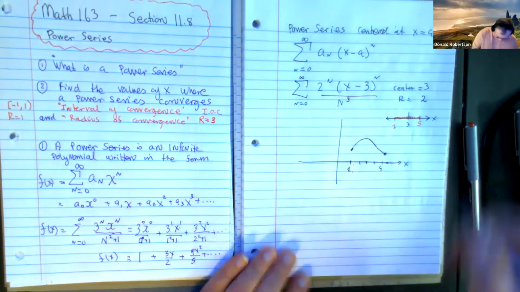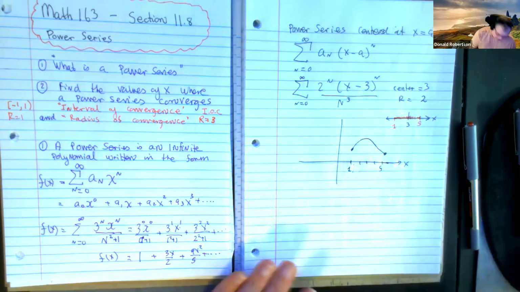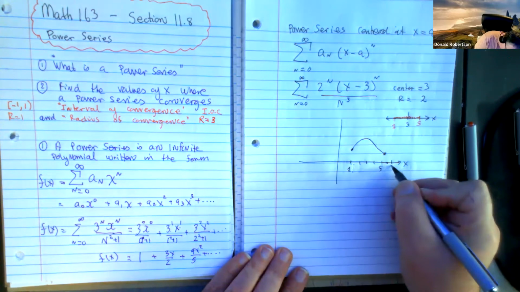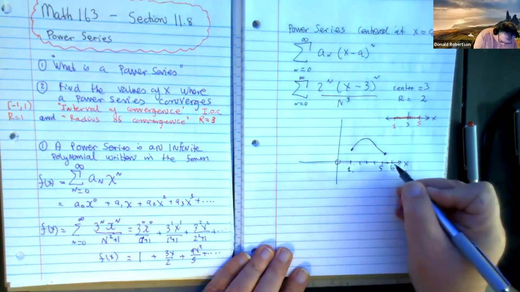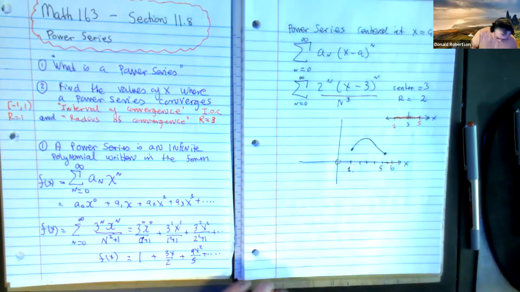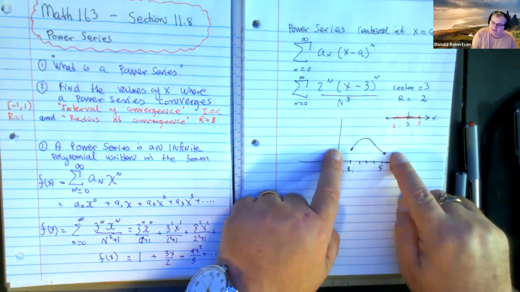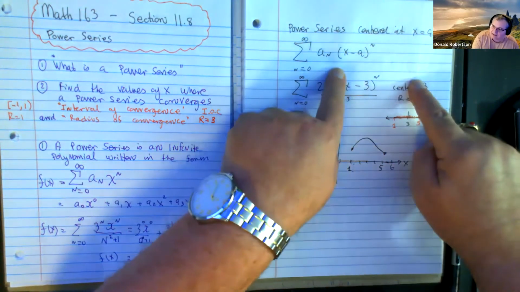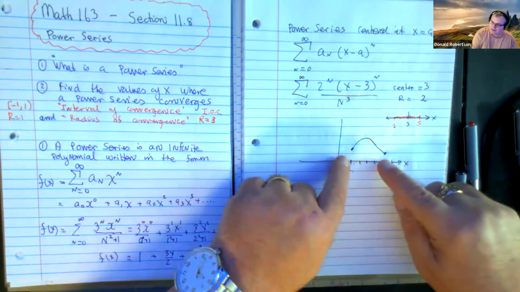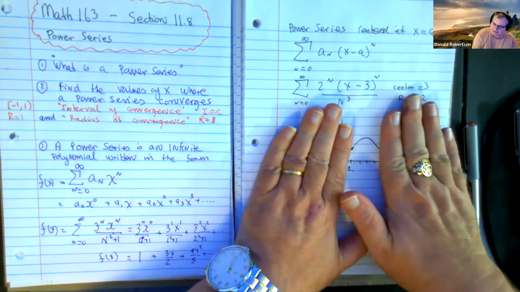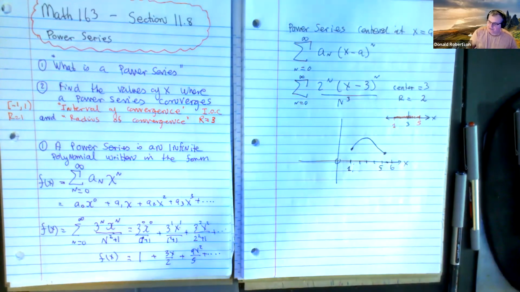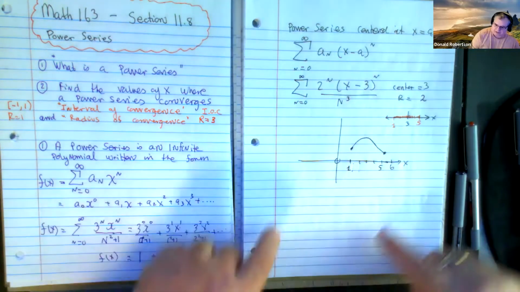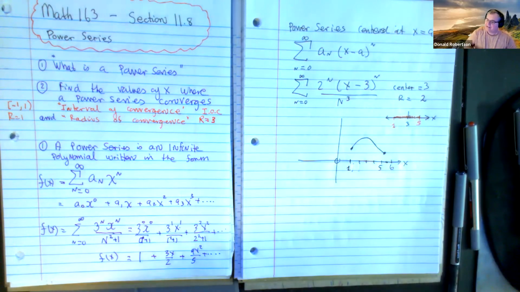So you'd have a piece of the curve which would look nice and pretty. But if you tried to pick a value of x outside of the interval, like over here at 6 or over here at 0, the answer diverges, which means it's infinite. So the function is nice, and then everybody outside disappears. Technically, they're up here, or I guess it could be down here, but they're at infinity.